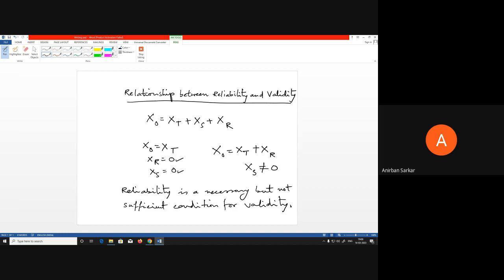Clear? Suppose your XR is 0, but still it may be that X0 is equal to XT plus XS. So if XR is equal to 0, it does not mean that XS will be 0. So reliability is a necessary condition, but it is not a sufficient condition for validity.